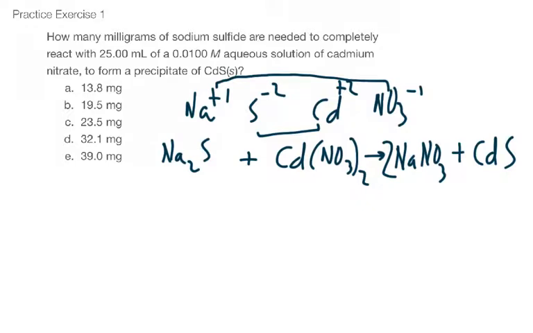the information. Well, according to this, we have 25 mLs of a 0.01 molar aqueous solution of cadmium nitrate. So let's use a different color here. So notice that they're giving us the volume, 25. Okay, let me make that a little clearer for you.